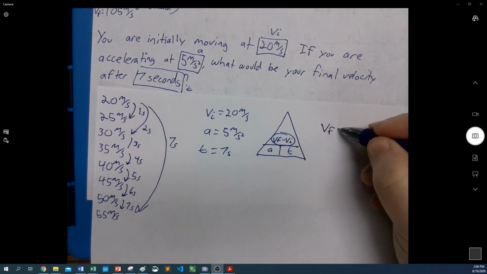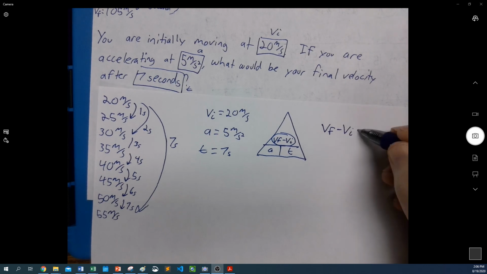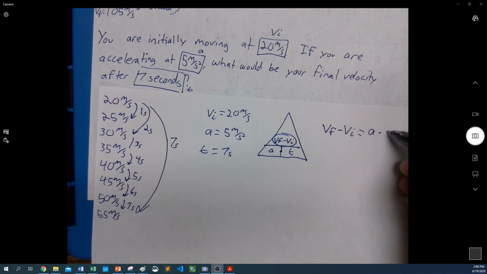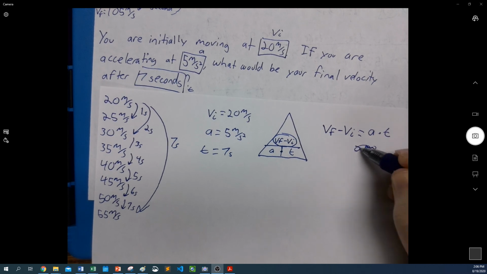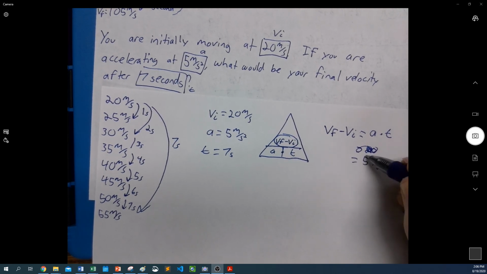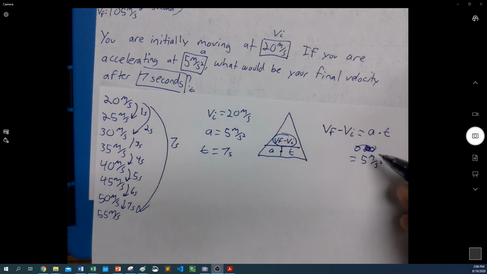Vf minus Vi is equal to acceleration times time. So that would be 5 meters per second squared. That's your A. Times 7 seconds.